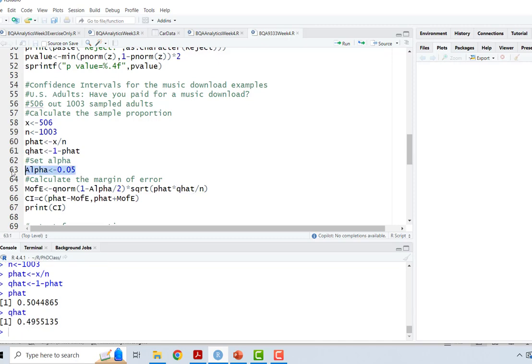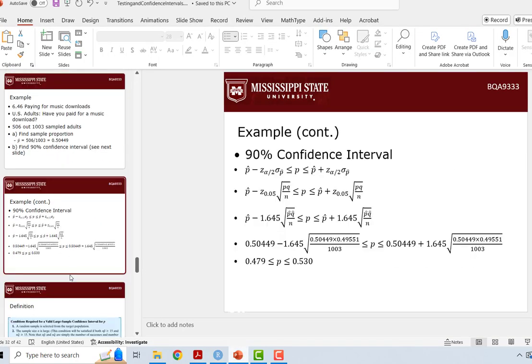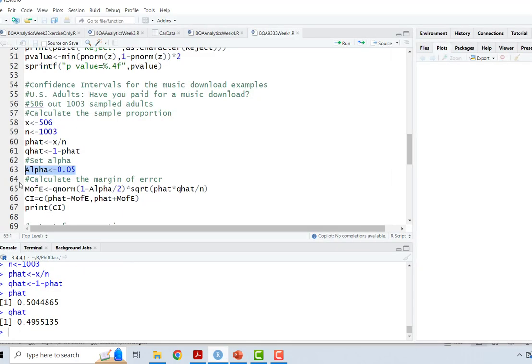We set our alpha, and here we actually want a 90% confidence interval. So let me actually just set this now. And the margin of error, again, we're going to use the z-score, exactly as we did with the standard values.